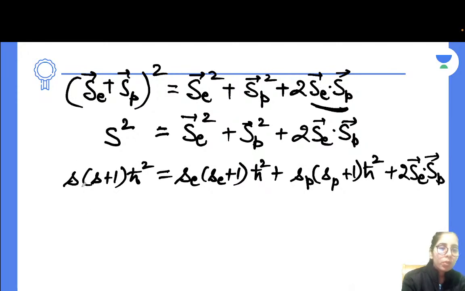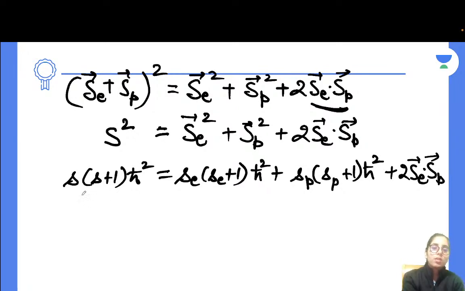So it is 0 into 0 plus 1 h cut square, and the electron's spin will remain 1 upon 2. So that will be 3 by 4. This will also give you 3 by 4 because the proton's spin is also 1 upon 2. Done. So 3 by 4 and 3 by 4, two times, is going to be twice the 3 by 4, which is 3 by 2 h cut square.